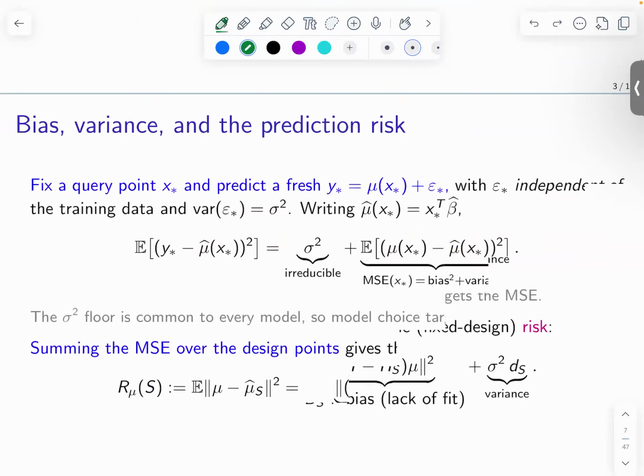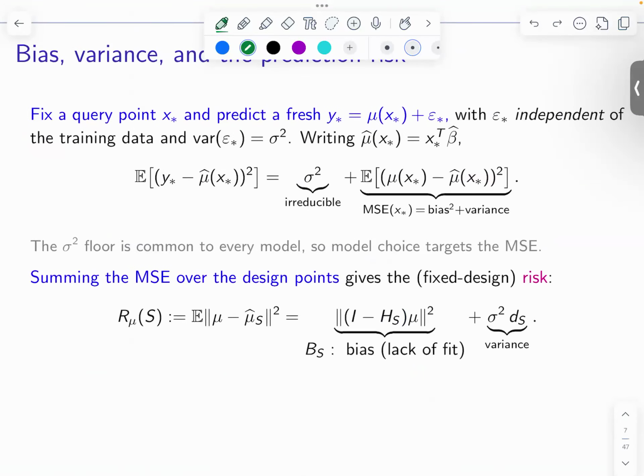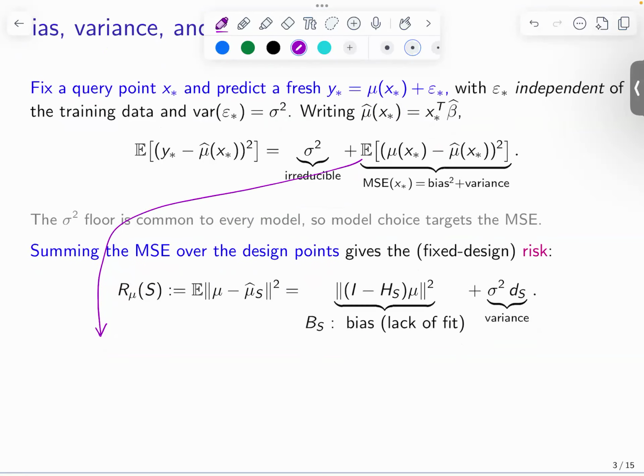Okay, so the next thing is a little bit tricky, but I'm going to hope that you understand what is going on here. Instead of looking at it over a single x star, I can average this over the training x_i's. And this is okay for various reasons. I'm going to look at this quantity.